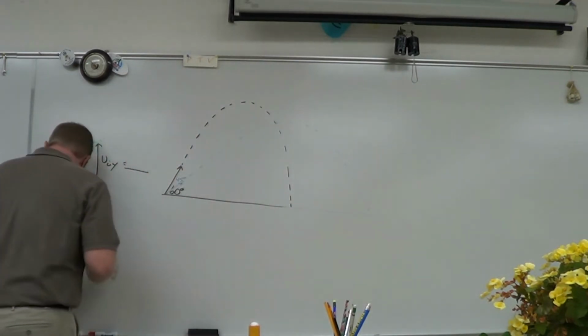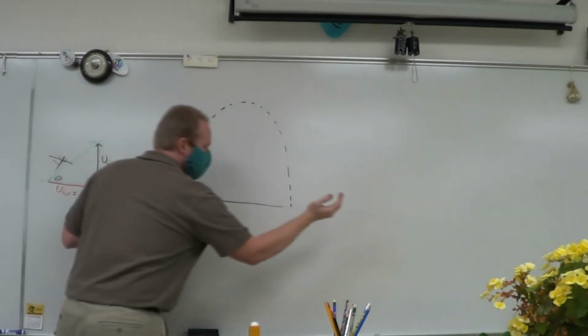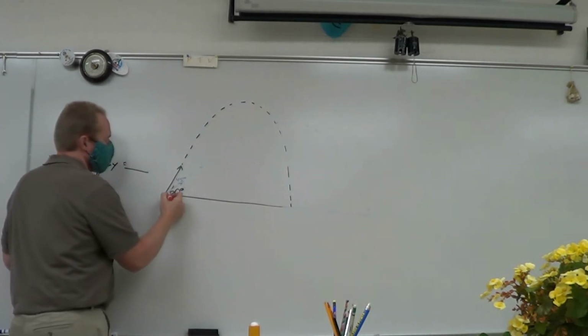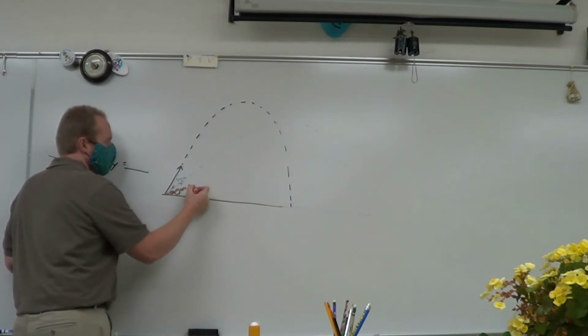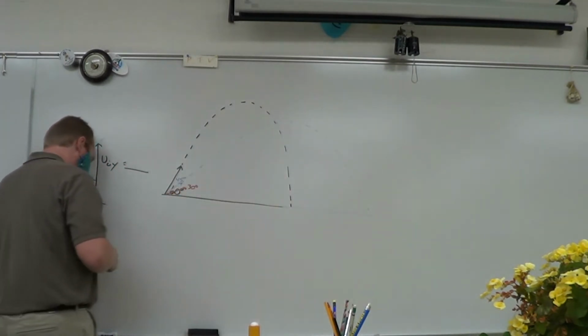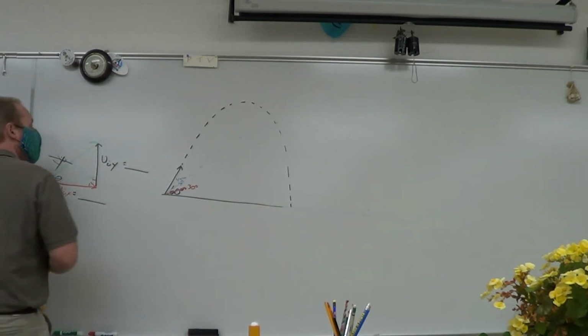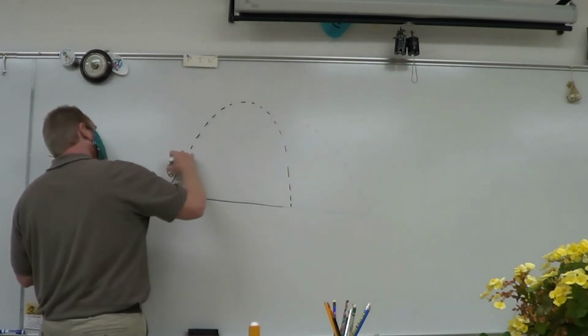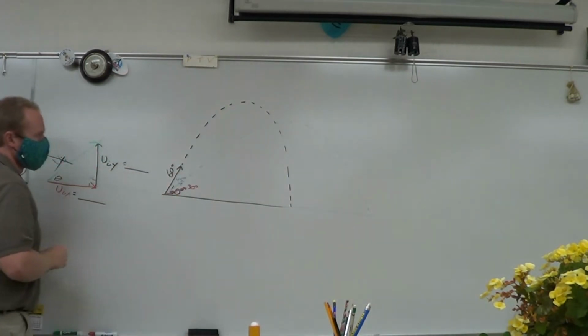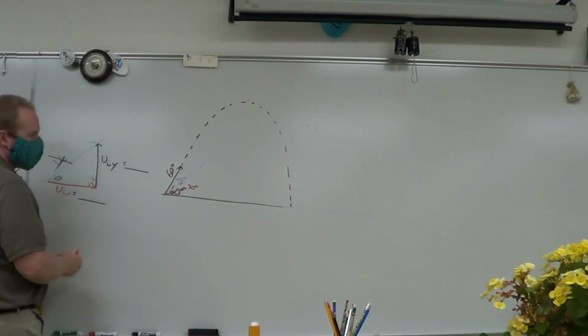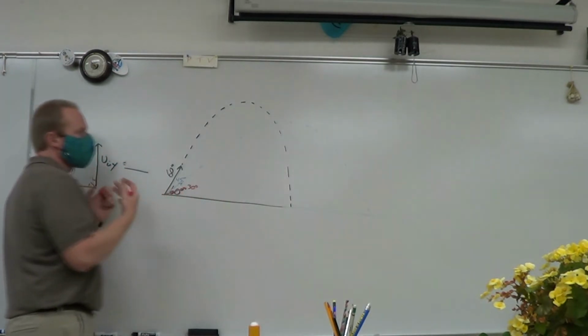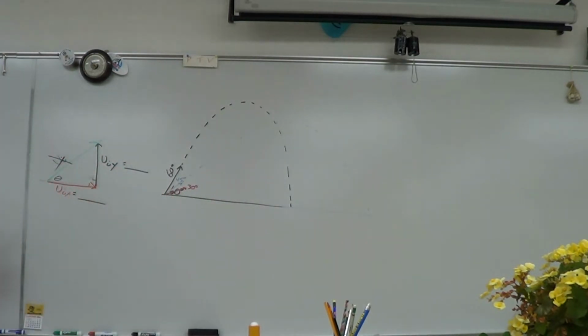But if I keep changing my angle, so this is my maximum range, if I go then to say 30 degrees, does it go as far as 45 degrees or less than 45 degrees? It goes less than 45 degrees. And at that angle, which one's in the air the longest? 30, 60, or 45? 60 is going to be in the air the longest, right?